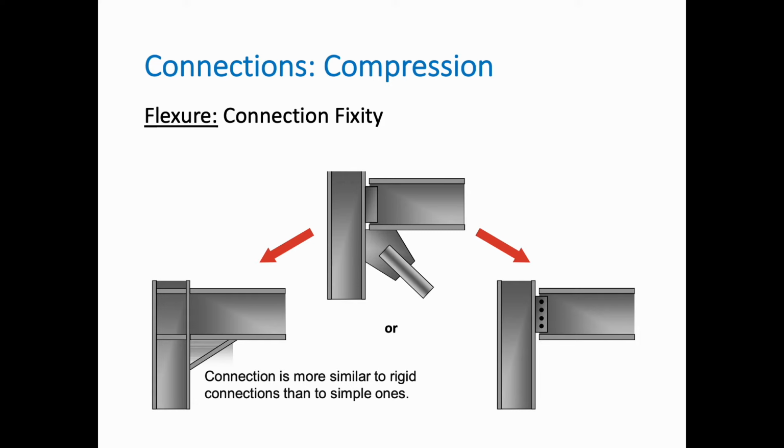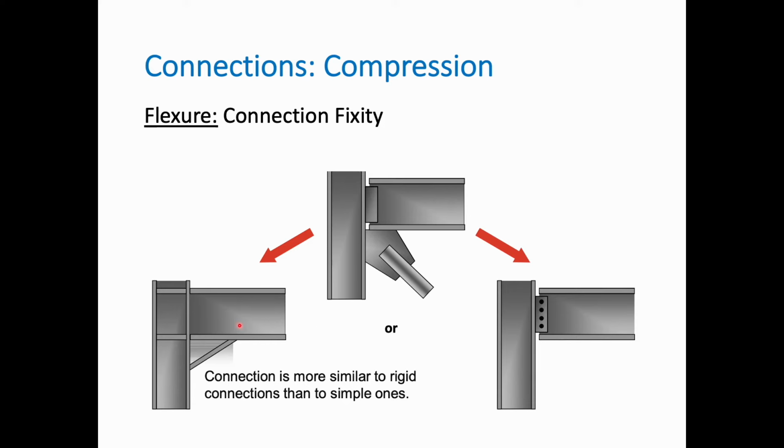Now, in the connection fixity problem, we have to be quite careful, because we will either design our connections as simple, and we will then design for ductility, or we will design them as rigid, and we will then design for strength and capacity.